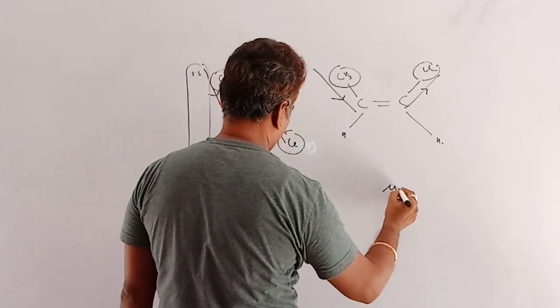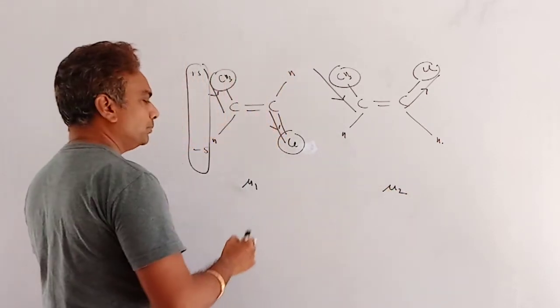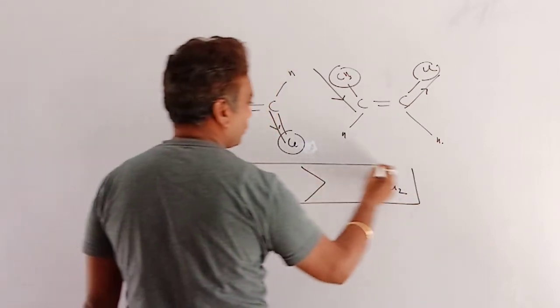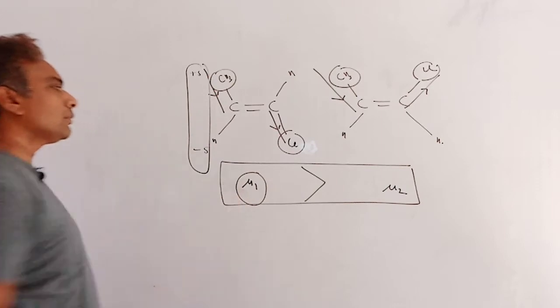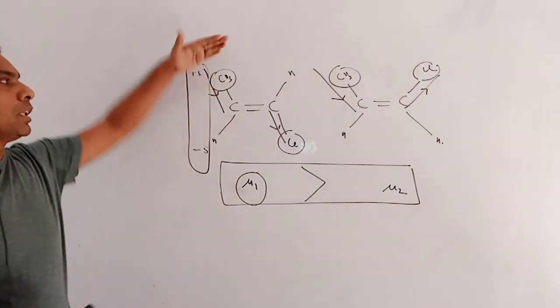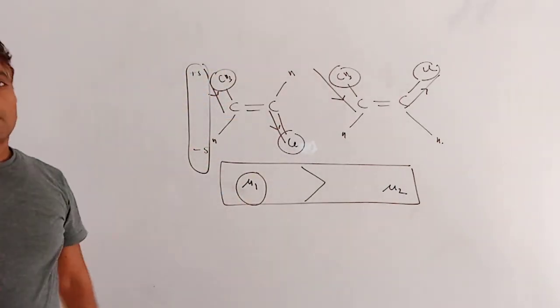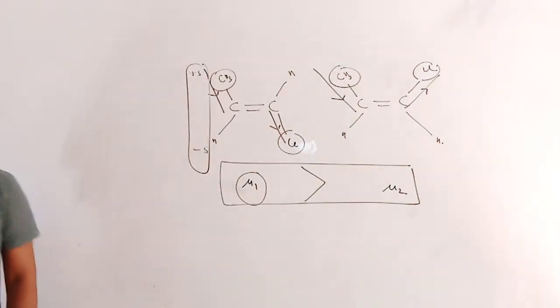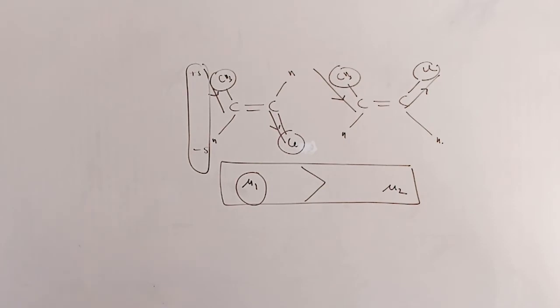So the molecule shows dipole, but the mu1 value is much more as compared to mu2 due to maximum polarity, all shared electrons pushed towards the downward direction. Clear? So this is the point when the molecule shows dipole and when the molecule doesn't show dipole.